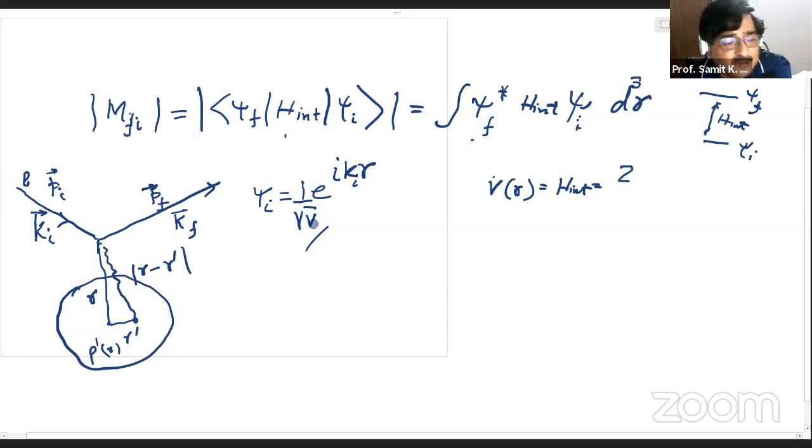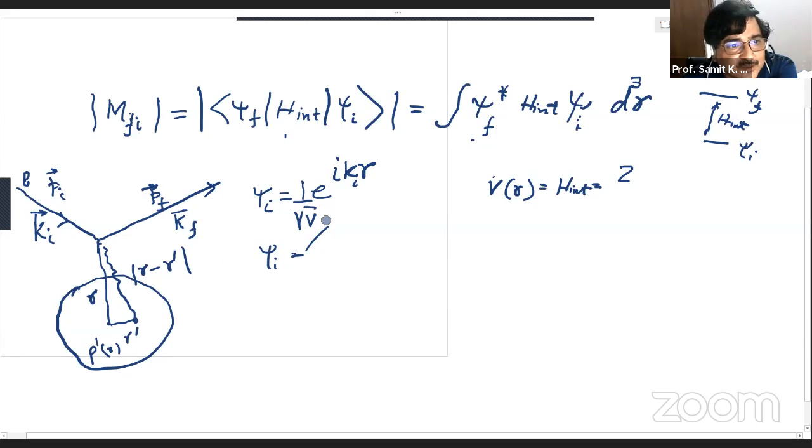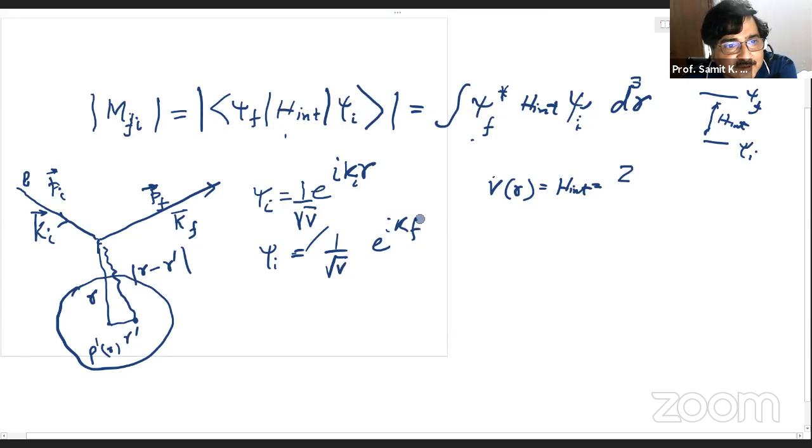This is 1 by root V, where V is the total volume I considered. So this can be the initial wave function, and after scattering, my wave function should be 1 by root V e to the power i k f dot r.